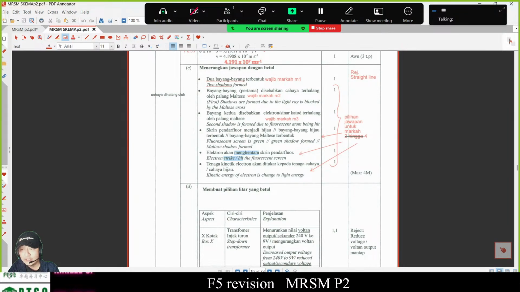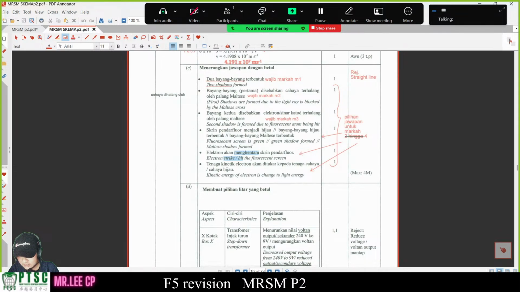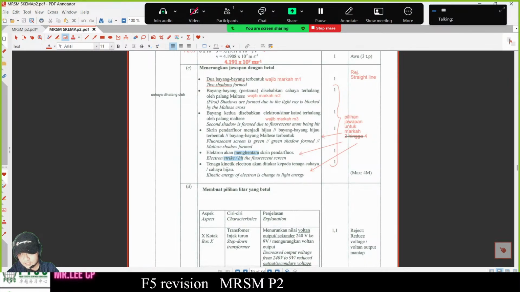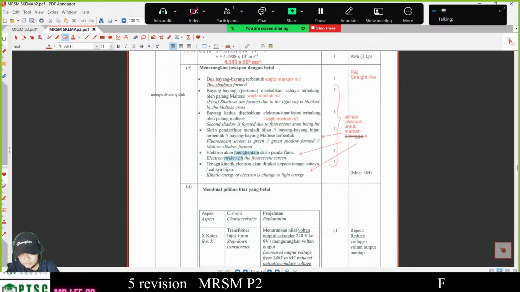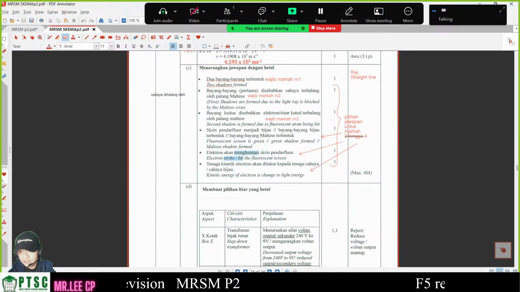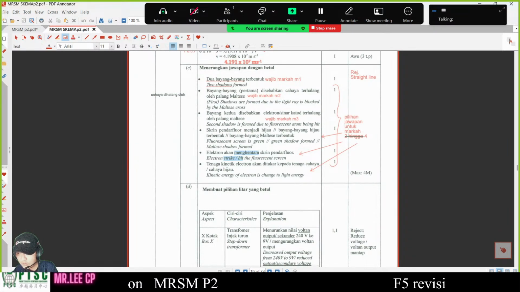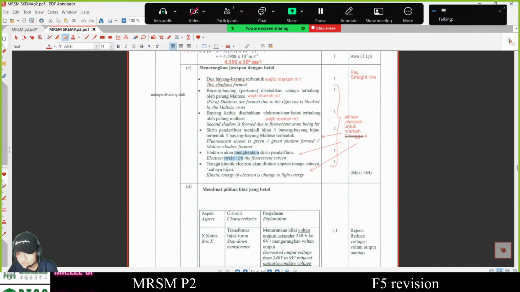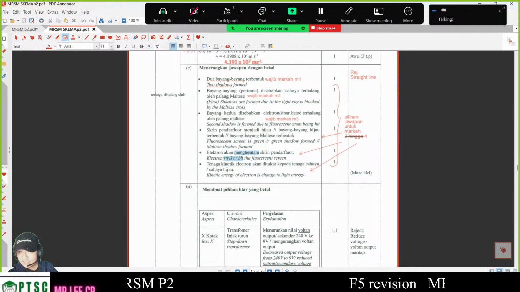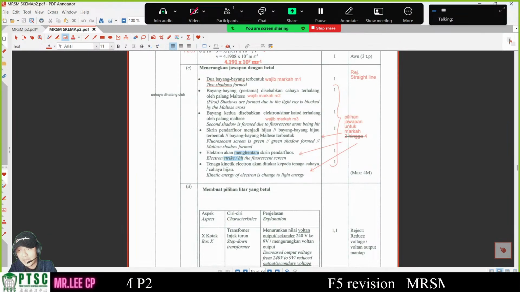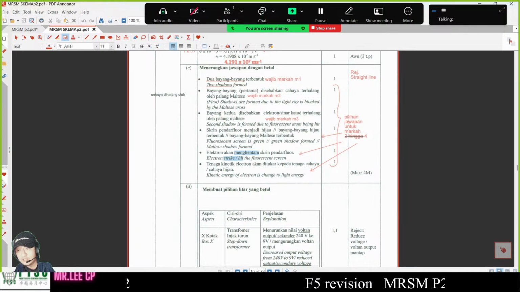Okay. So the shadow forms because of the hitting of the electron. So wajib 1, wajib 2, wajib 3. I just have 2 only. So this one I said the light produced, right? But I never said the shadow is formed by the fluorescent, right?